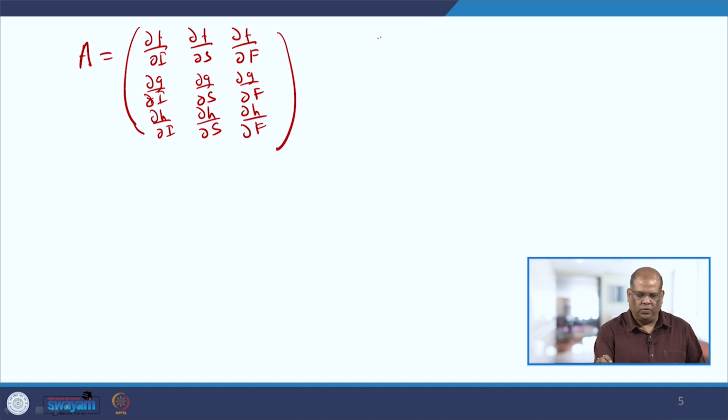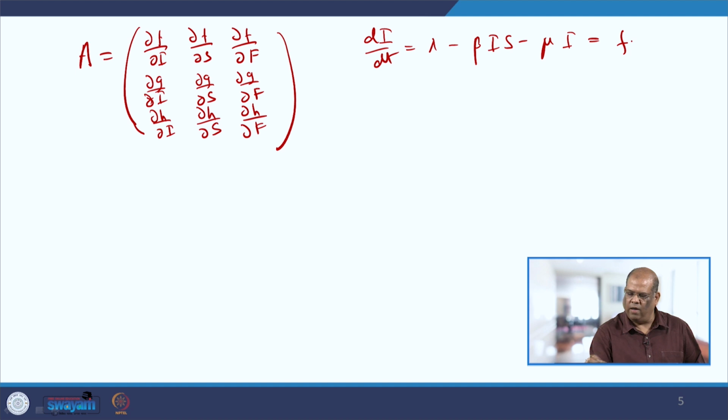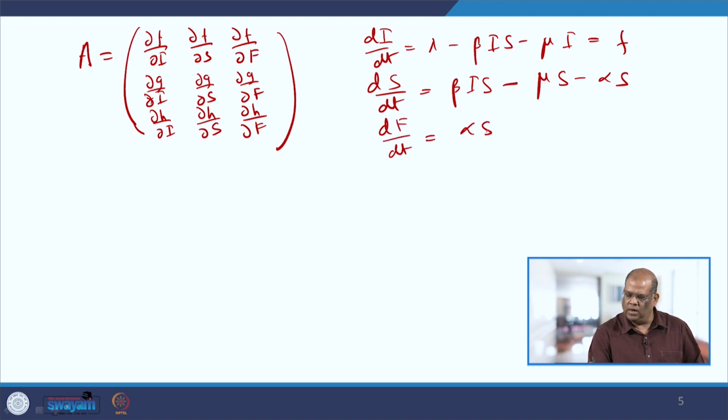Our equations were dI/dt equal to lambda minus beta I S minus mu I, which is our f, dS/dt equal to beta I S minus mu S minus alpha S, and dR/dt equal to alpha S minus mu R. This is g and this is h.